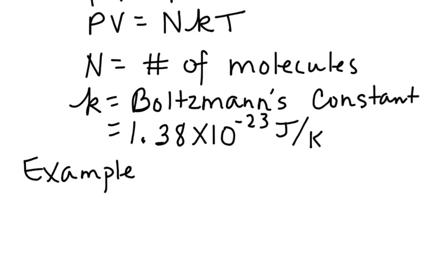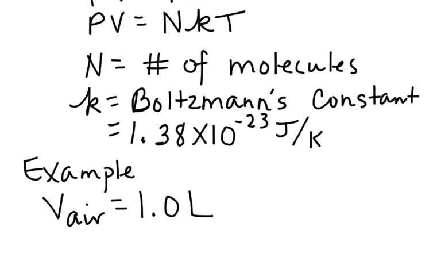Now, I wanted to show you an example of how to convert volume to moles, then to number of molecules, using standard temperature and pressure, or STP. So, say you breathed in a volume of air, 1.0 liters of air, and what I wanted you to do is to determine how many molecules are there in that 1 liter breath of air.